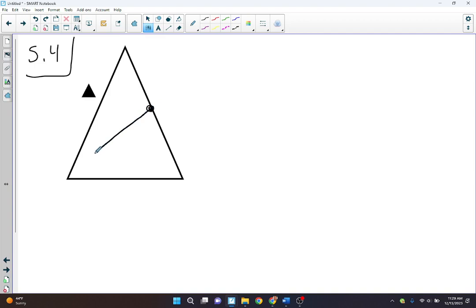So a median is from the middle of the side, the midpoint, to the opposite corner. A midsegment also uses the midpoint.